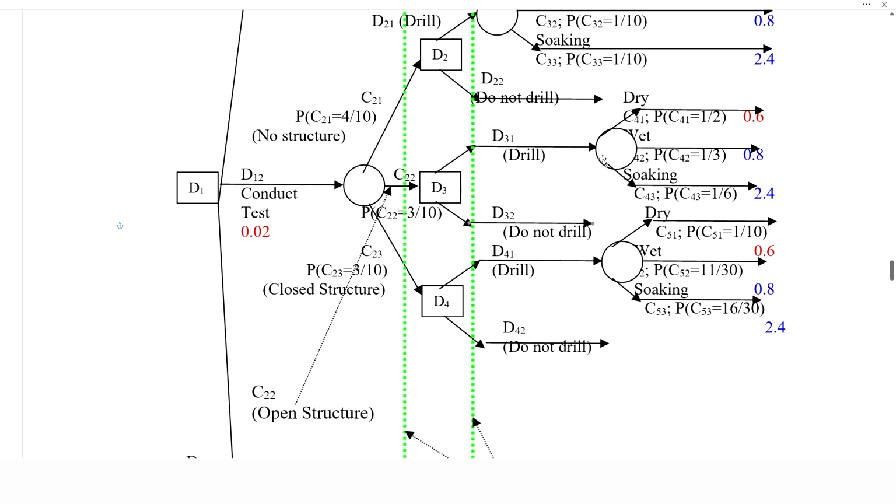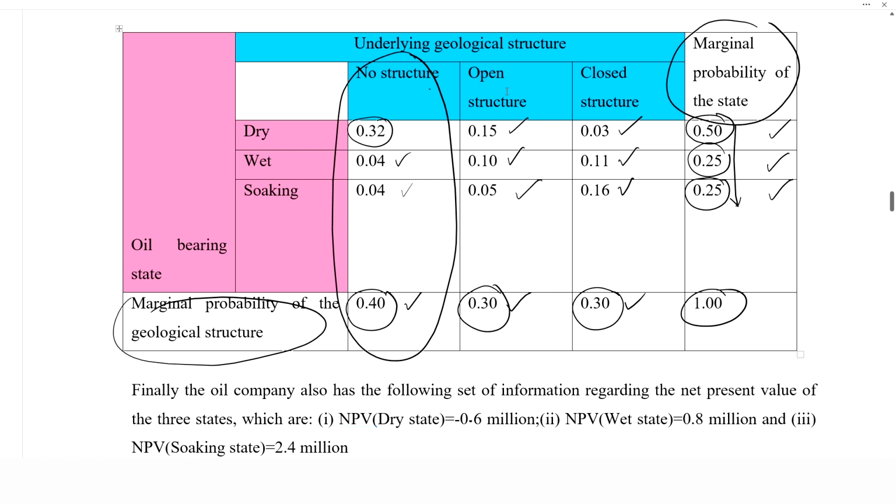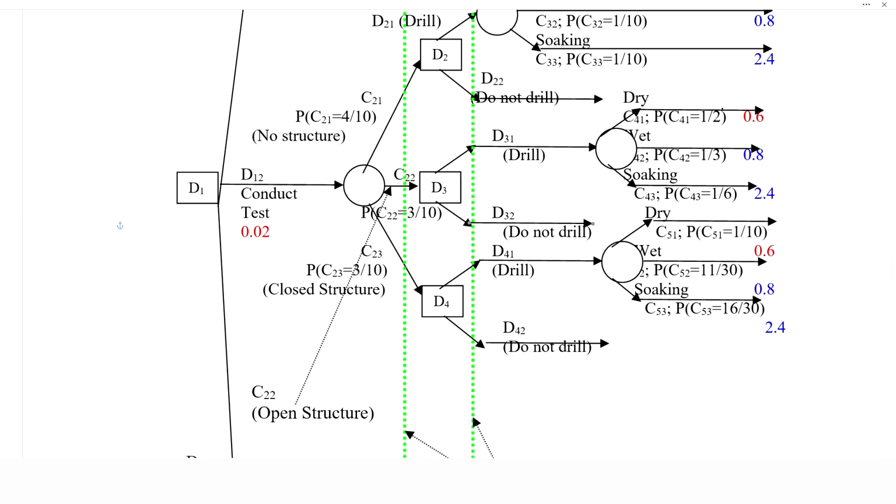Now we go to the open structure, which is the second column. The corresponding conditional probabilities for dry, wet, soaking are 0.15 by 0.3, 0.10 by 0.3, and the last one is 0.05 by 0.3. So, for open structure dry, wet, soaking, the values are half, 1/3, 1/6.